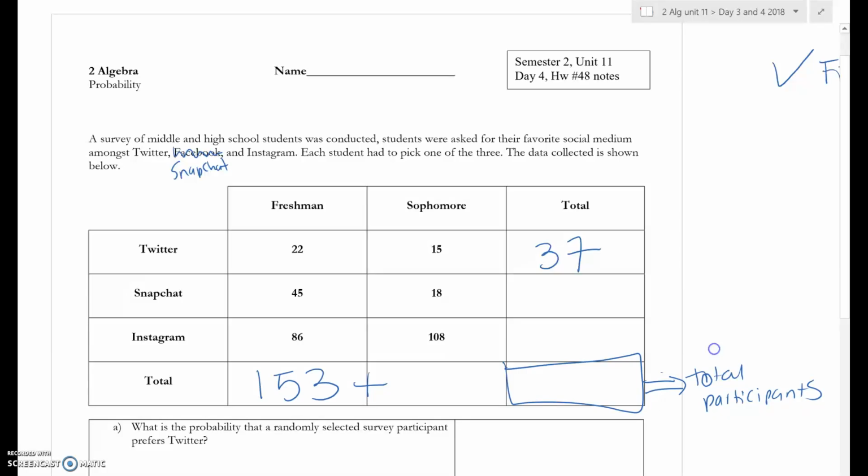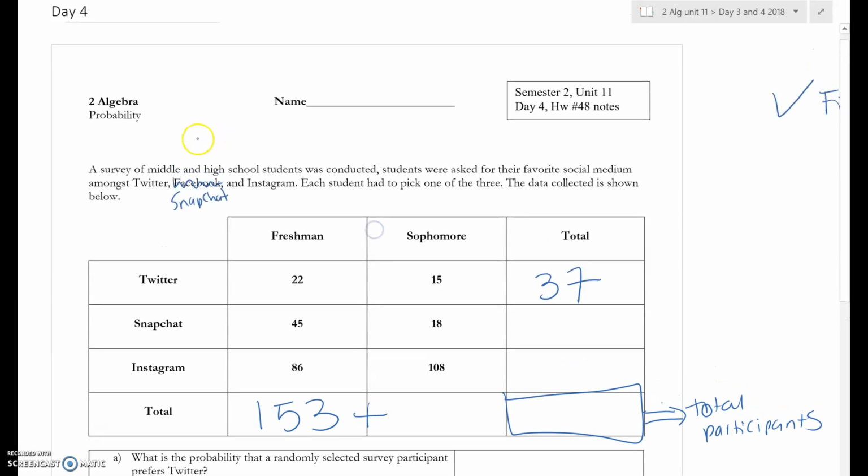So in thinking about basic probability, this is probability at its most basic. We're always thinking about what is the likelihood of an outcome, and then we're quantifying that with a number. We're thinking about that number in terms of a fraction or a percent, and we're always thinking about the number desired. Desired refers to how many do we want, how many are we interested in, how many are we investigating, and we're dividing that by the total number possible.